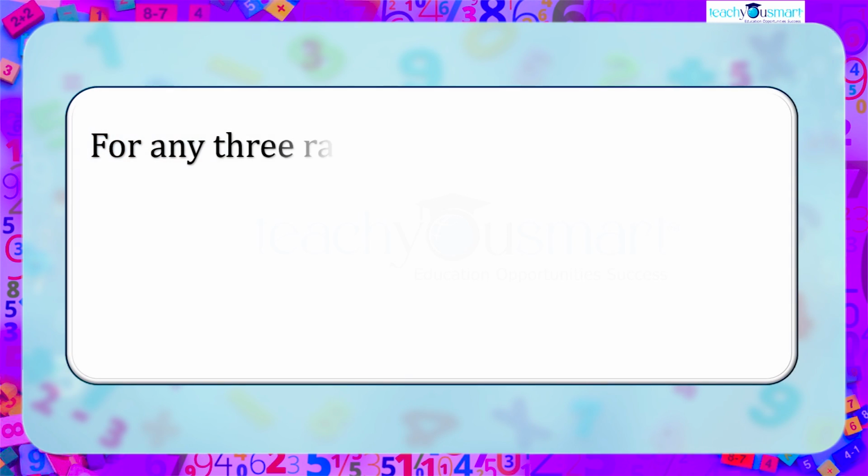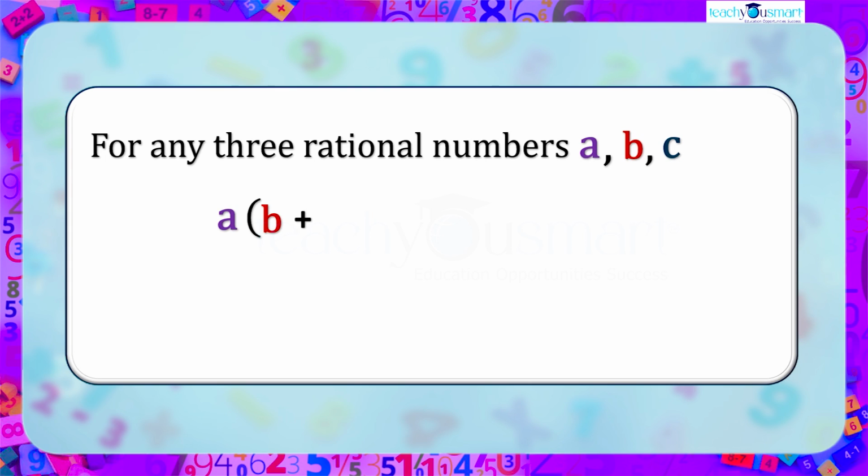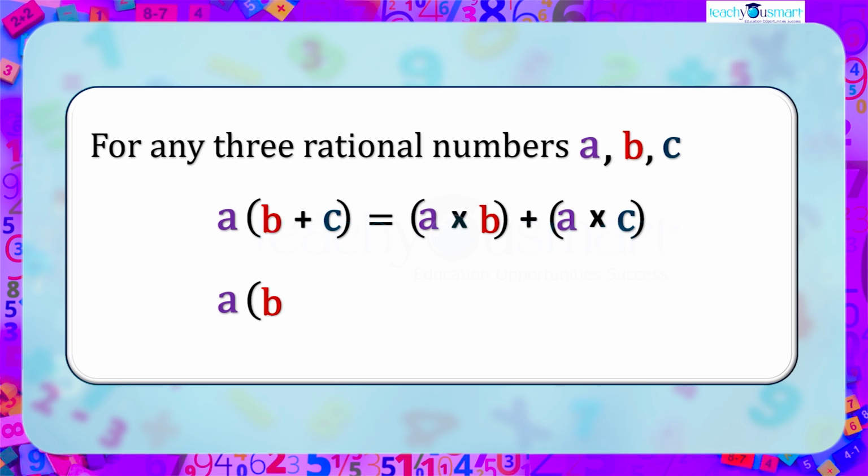In general, we can say that for any three rational numbers a, b, and c, a × (b + c) = a × b + a × c, and a × (b - c) = a × b - a × c.